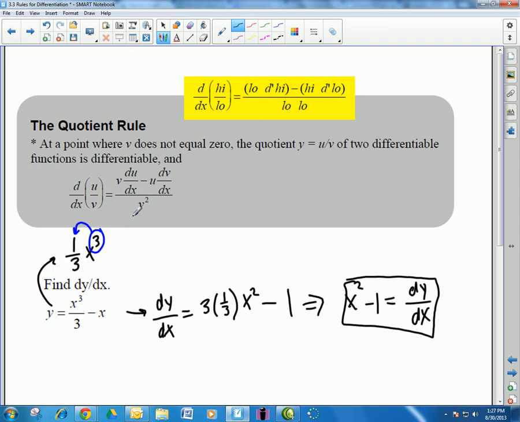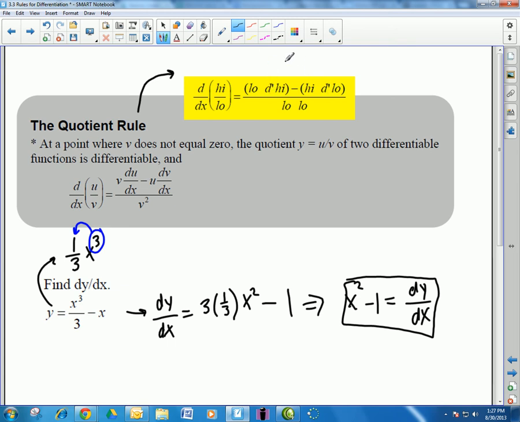Alright, so this is called the quotient rule, and there's a little thing up here to help you remember it. Instead of using u and v, I use high and low, high being your upper function in the numerator, low being your lower function in the denominator. It goes low d high minus high d low, and d high just means the derivative of the high, d low just means the derivative of the low.